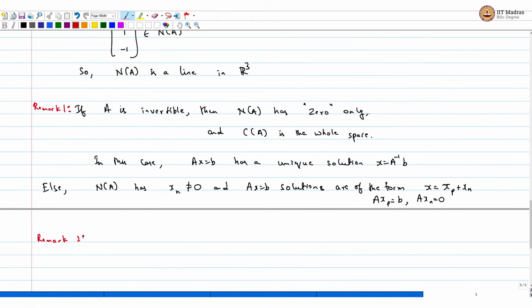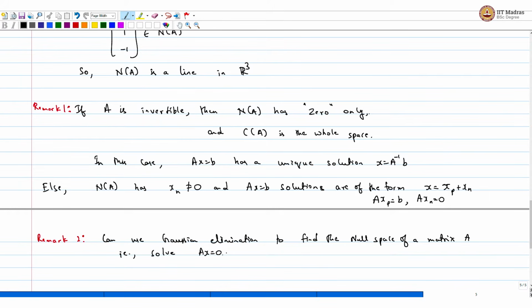Mark 2. We can use Gaussian elimination to find the null space of a matrix A. That is, you solve Ax equals 0.